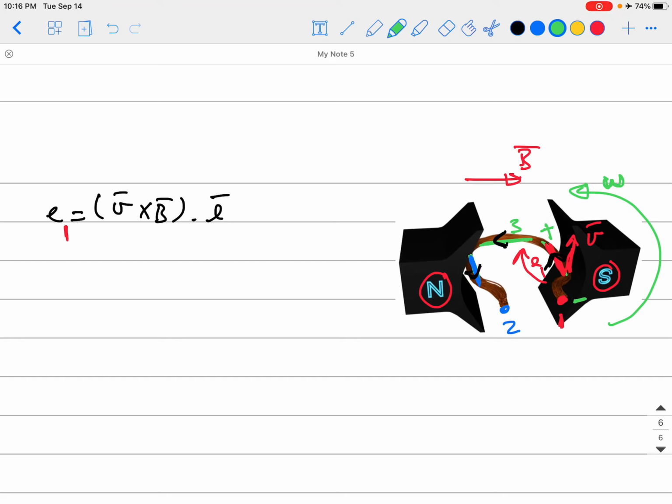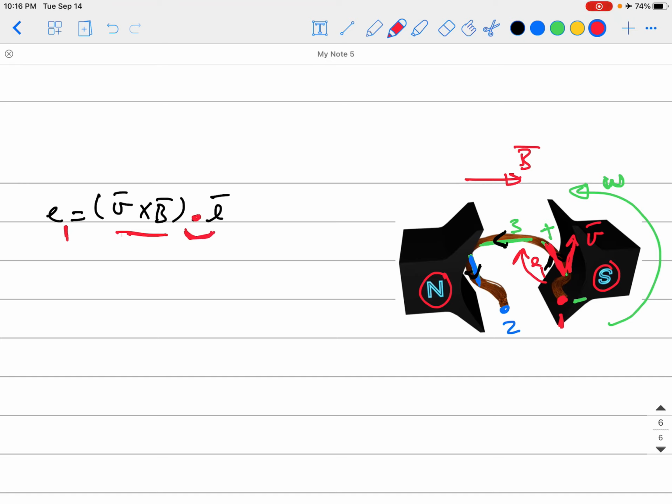And this cross product lies in the same direction as L. So L will be going along the conductor itself. So that is the direction of L, which is the same direction as the conductor itself, going into the page from 1. And this is also the same direction as the cross product V cross B from your right hand rule. That means after you get V cross B, its angle with L, because you'll need to make another dot product here, will be angle 0.